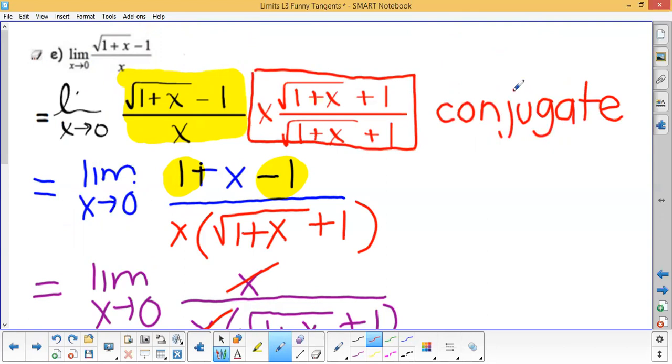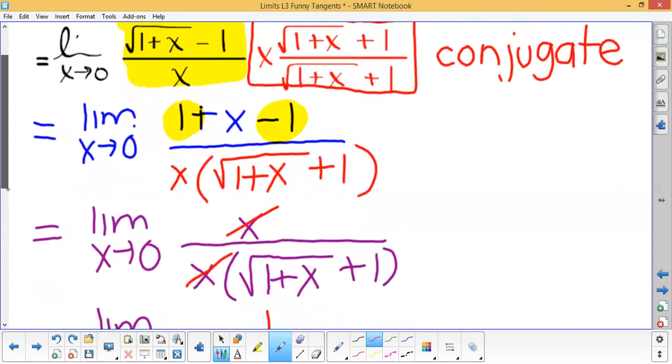When it's not in the denominator, we still have to multiply by the conjugate in order to fully simplify and solve this equation. When we multiply by the conjugate, you will notice that the numerator cancels out. The 1 plus x and the minus 1 cancel out. So I'm left with an x by itself in the numerator.